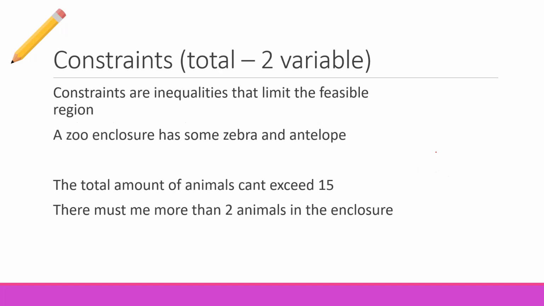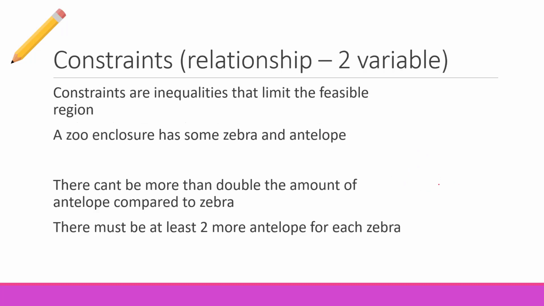Two variables, and these are when the total, so the total number of animals cannot exceed 15. So A plus Z must be less than or equal to 15. And then there were relationship variables. There must be 2 more antelope for each zebra. That means the amount of antelope must be greater than or equal to the number of zebras plus 2.